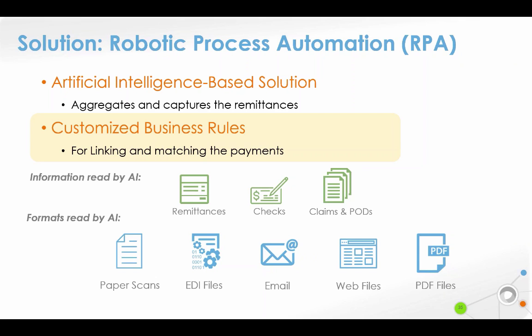Business rules are created based on the identification of known particulars for a certain file format. That means it's able to identify specific criteria, and then these rules are used to translate that specific set of data.